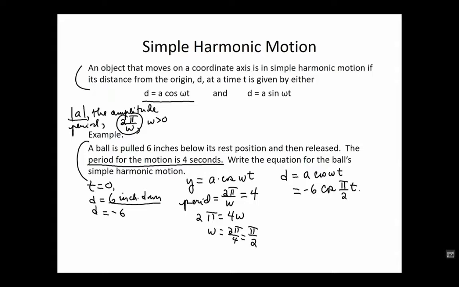So then the equation for the ball's simple harmonic motion is given by d is equal to negative 6 times the cosine of pi over 2 times t.